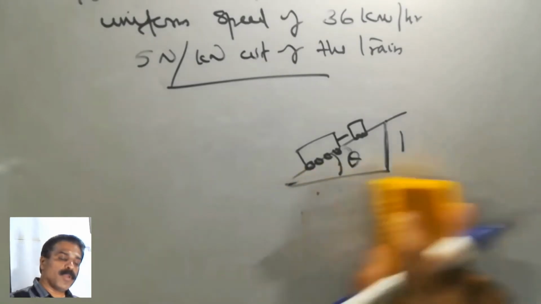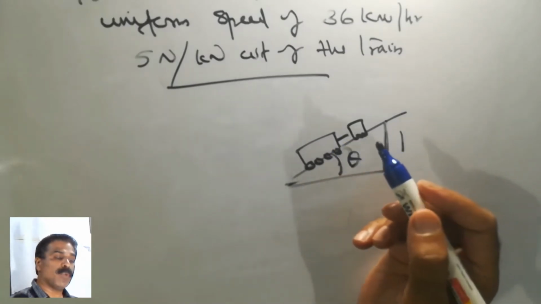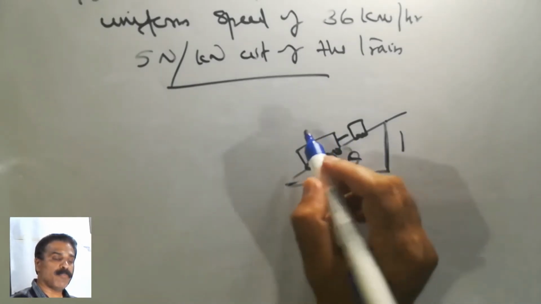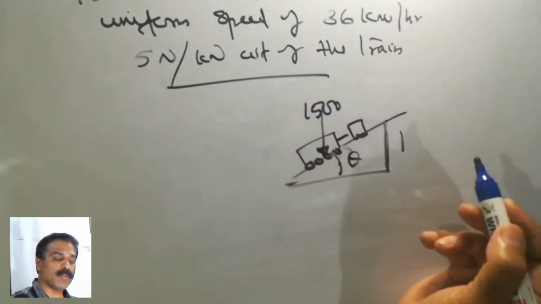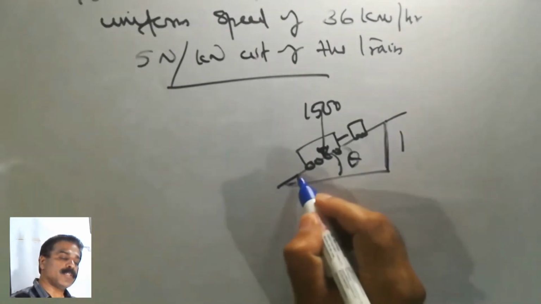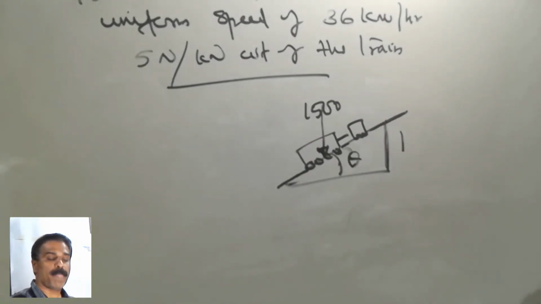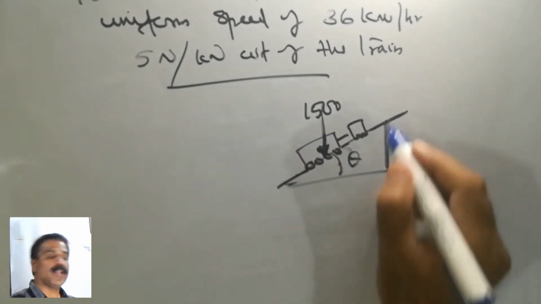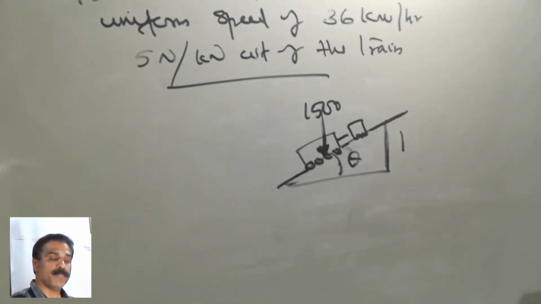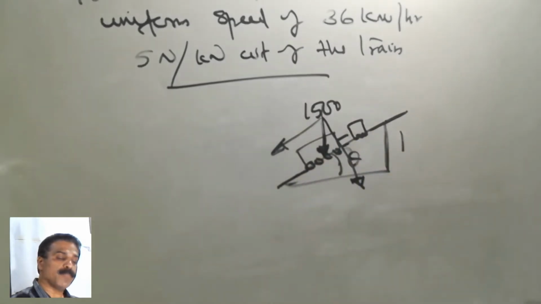Now in our problem, the train has a weight of 1500 kilonewton, which is acting vertically downwards. As the train is going up the inclined plane, this weight of the train is at an angle to the surface, to the plane. So we need to resolve it into two components.